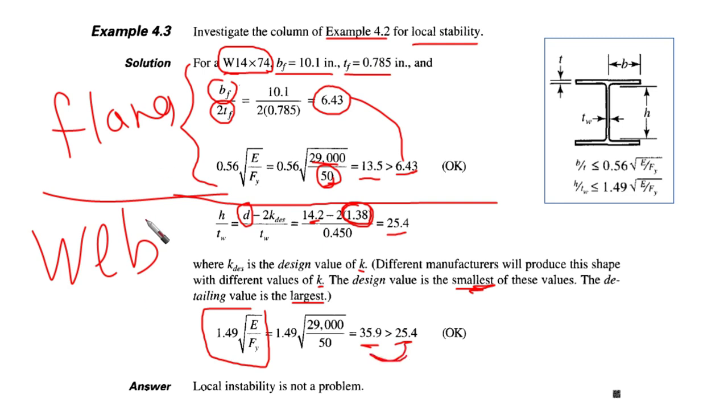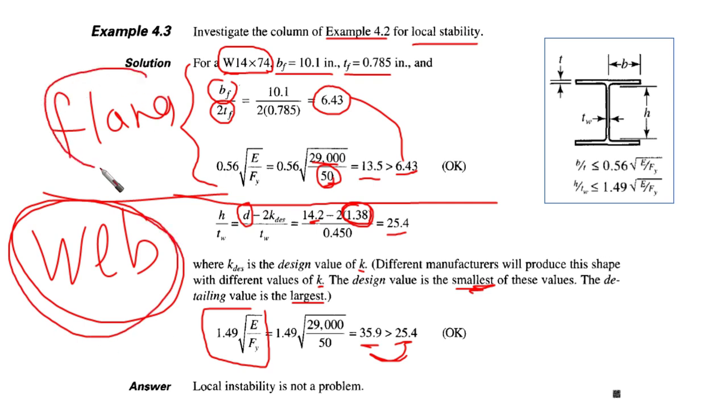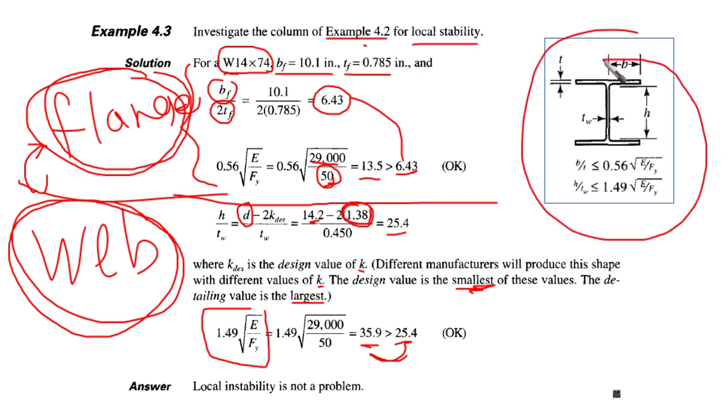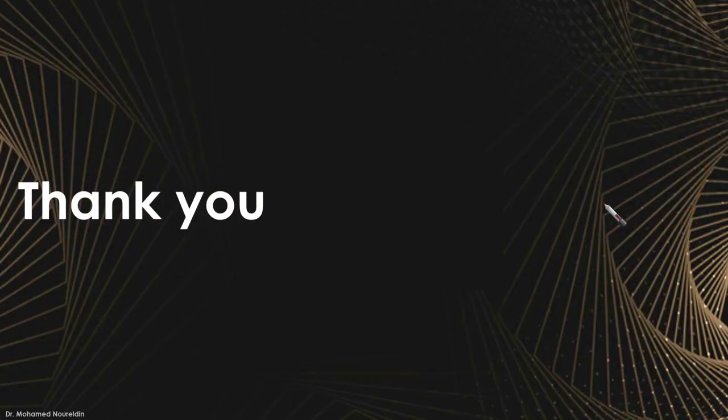So this means that the web is not going to have any instability issues, and the flange before it was okay. For us, this means that we are on the safe side, and there is no local stability issue related to the flange or the web for our cross section that we were investigating. Okay, this is the end of this video. Thank you, and see you in the next video.